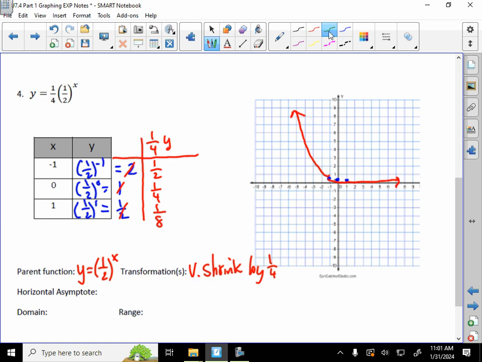Okay, again, we can put in that boundary line, the asymptote is right here again on the x-axis. So the horizontal asymptote, again, is y equals 0. Our domain, negative infinity to positive infinity. And the range is going to be 0 to positive infinity.